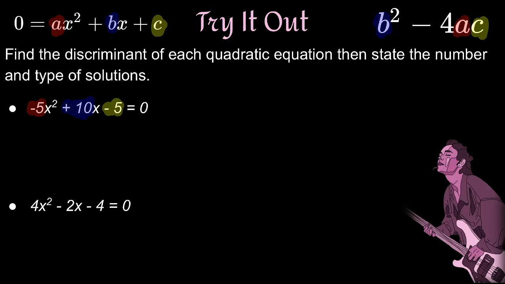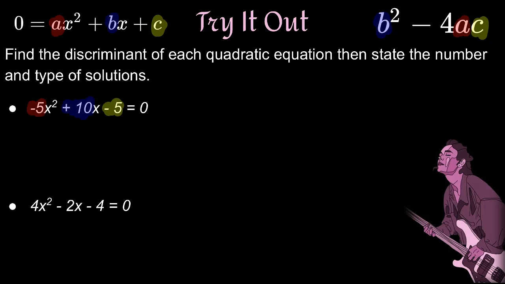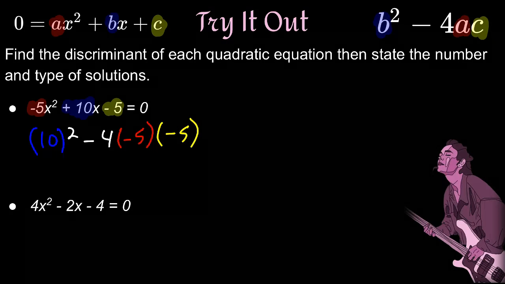So when we're finding the discriminant, we will do the B, 10, squared. So I'm using the discriminant equation right there. Minus 4 times A, in this situation -5, times C, in this situation -5.